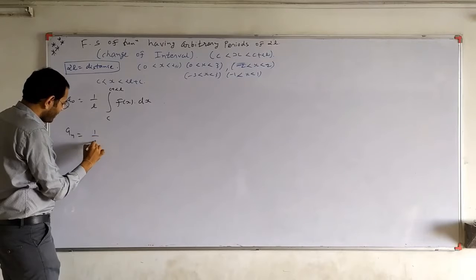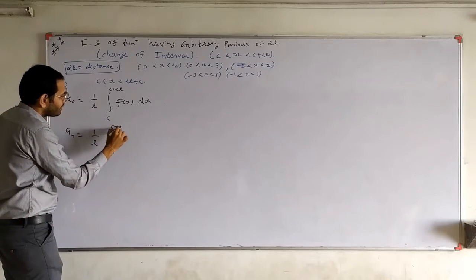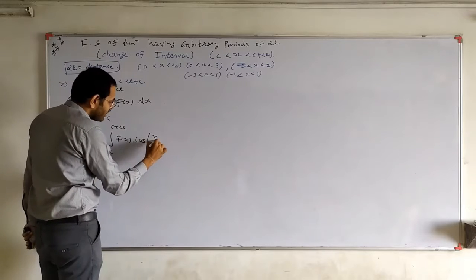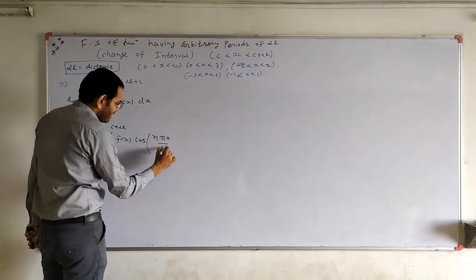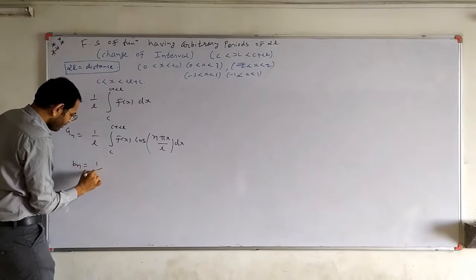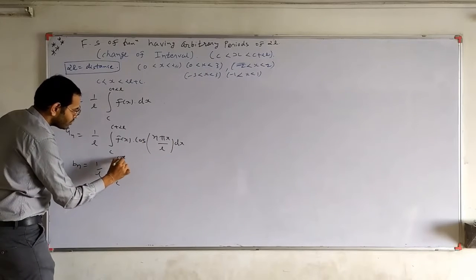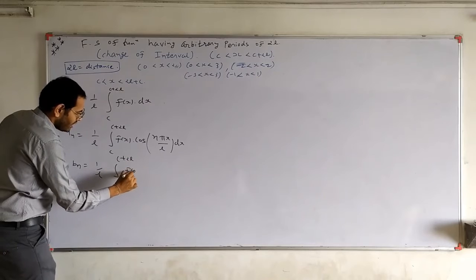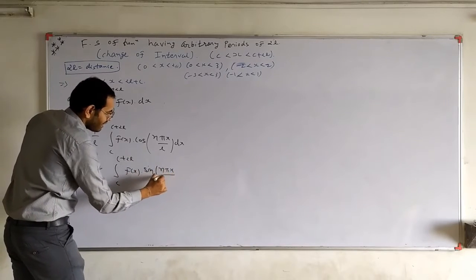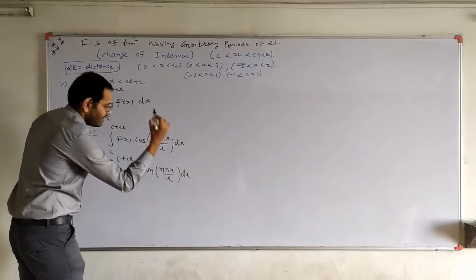An equal to 1 upon l integral c to c plus 2l of f of x cos n pi x by l dx. Bn equal to 1 upon l integral c to c plus 2l of f of x sin n pi x by l dx.